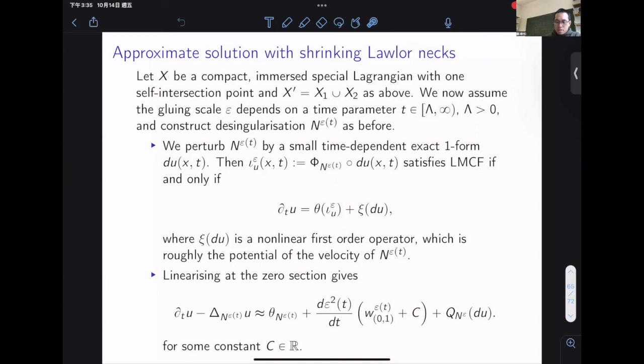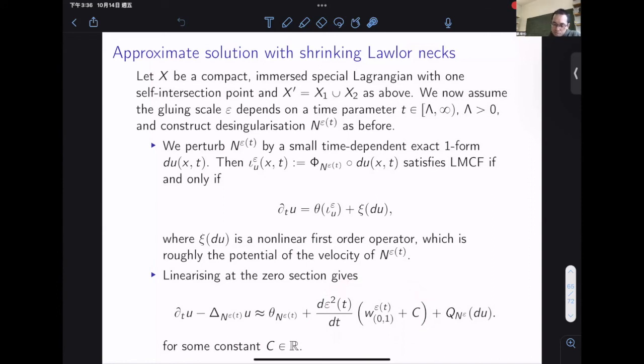So again, we linearize at the zero section, and so do the Taylor expansion of this expression. Then we see that we get roughly the heat operator applied on u should be equal to the Lagrangian angle of N_epsilon plus the zeroth order term of C, which is roughly like this.